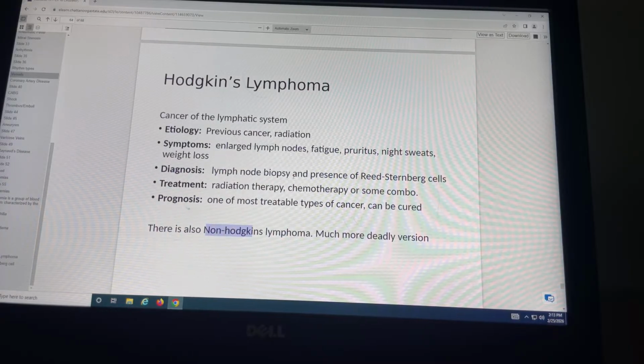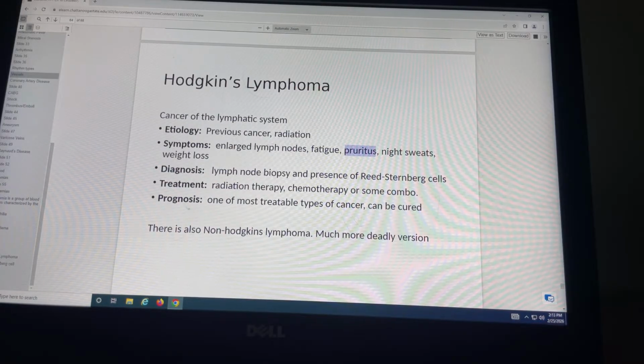The first thing she noticed was very enlarged lymph nodes, right? Because they're swelling up, because they're cancerous. A lot of fatigue, pruritus. Remember what pruritus means from integumentary? It's itching. Yep, good job. Night sweats, weight loss, and again, weight loss goes with every type of cancer.